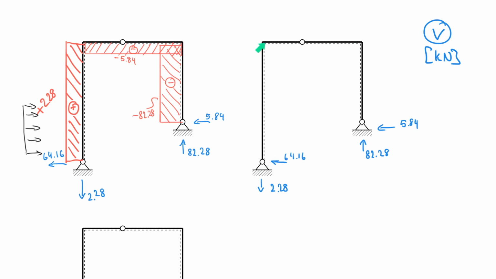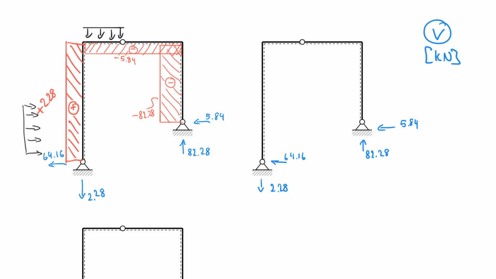So I can start on the left side, and I can start with 2.28 down, because that's the only thing that's happening here. And then there's a distributed force here, which I probably should include as well. So let me remind you that there is actually 40 kilonewton per meter acting in this direction. And so we also have to think about that.